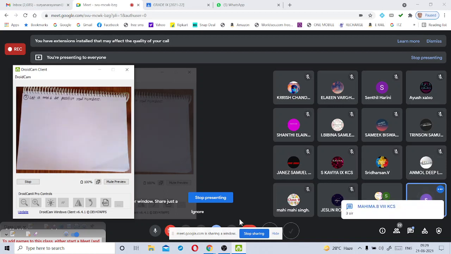Three exercises, okay for all of you. Mahima responded first that three exercises. All of you okay for that? First three exercises, yes, 1.1, 1.2, 1.3.